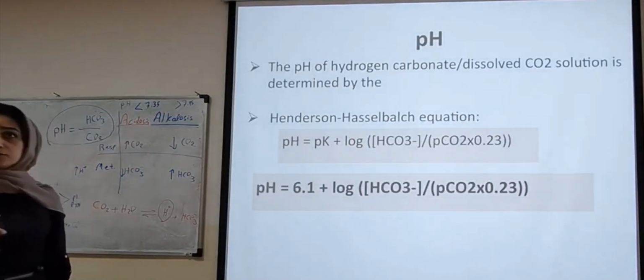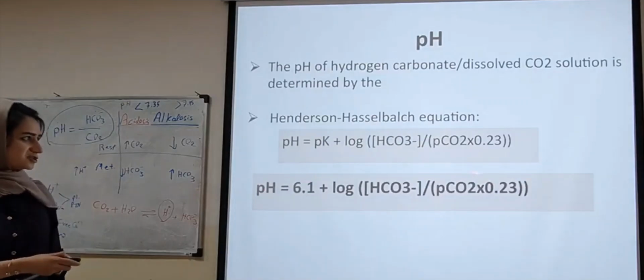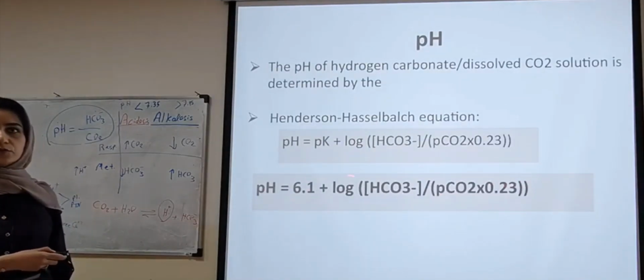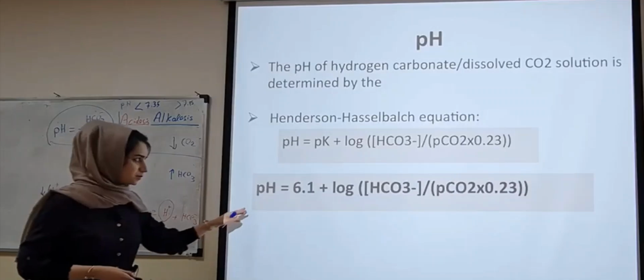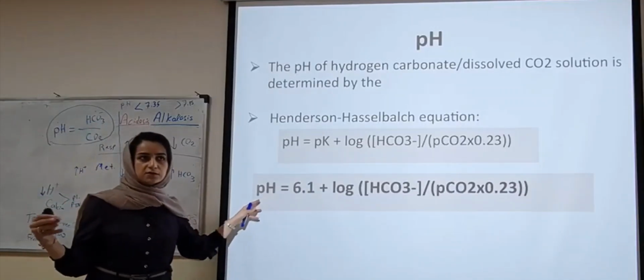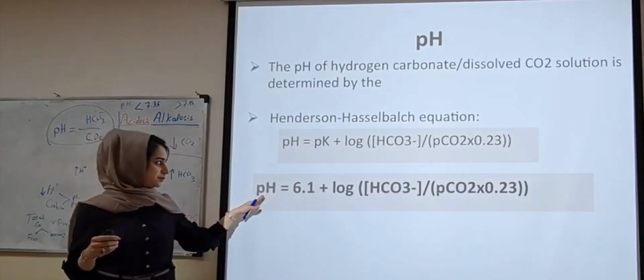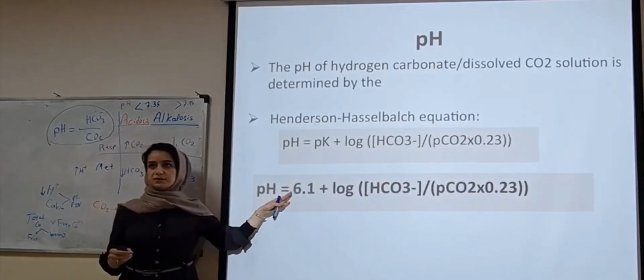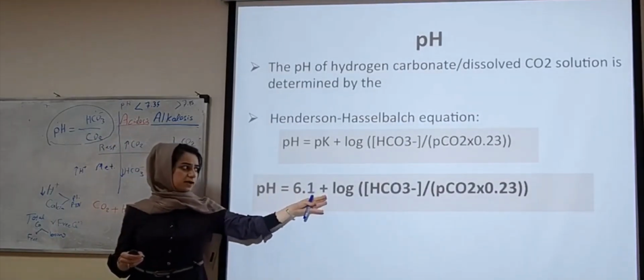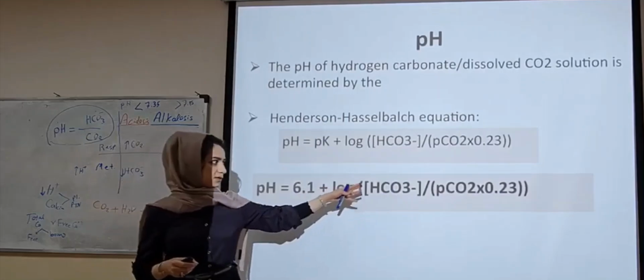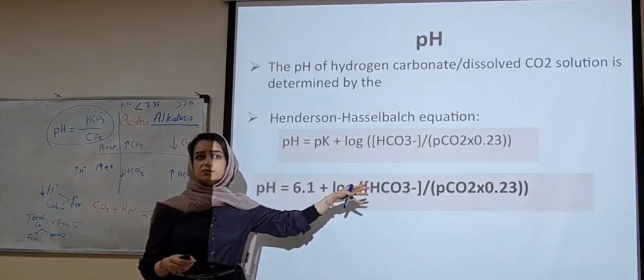Okay, and as we said, we have the Henderson-Hasselbalch equation that we will use in the examples. pH is equal to 6.1 plus the logarithm of HCO3 concentration divided by dissolved CO2.